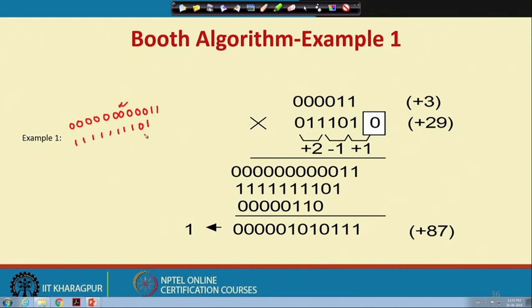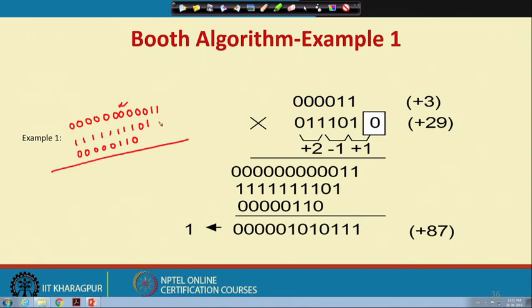Then this is for plus 2. It will start from this particular position, and plus 2 means that 1 0 has been padded at the LSB position. Basically plus 2 means multiplying with 2A, so if I add 0, that becomes 2A. Okay. So 0 is added to this, and then again that MSB is shifted to the MSB side.